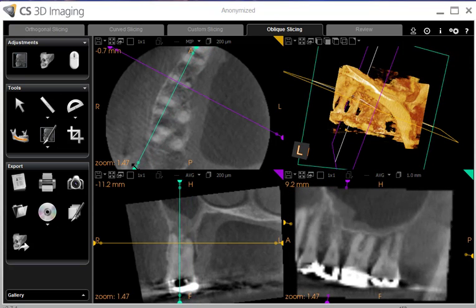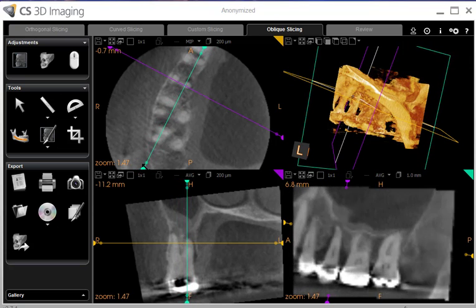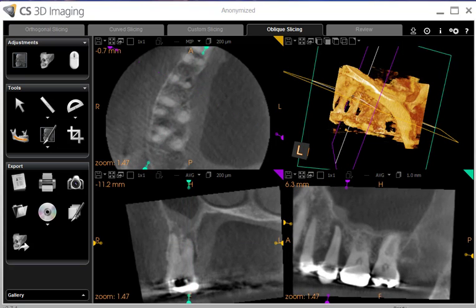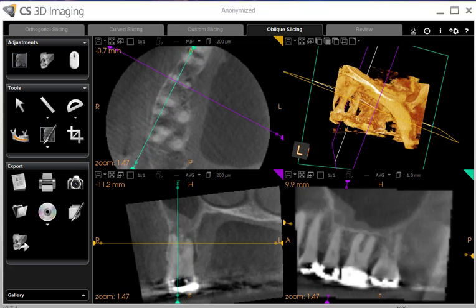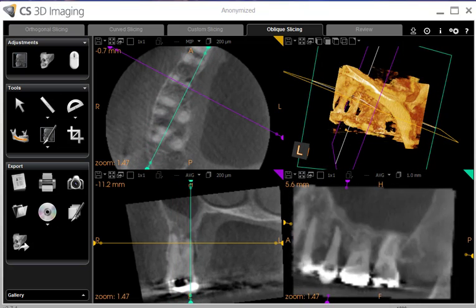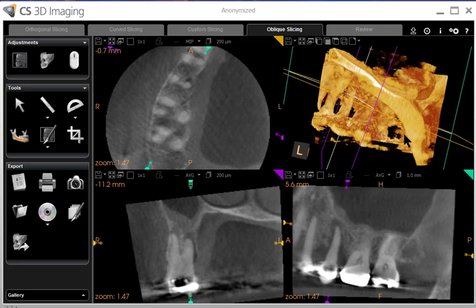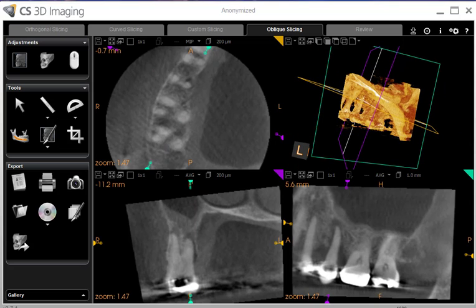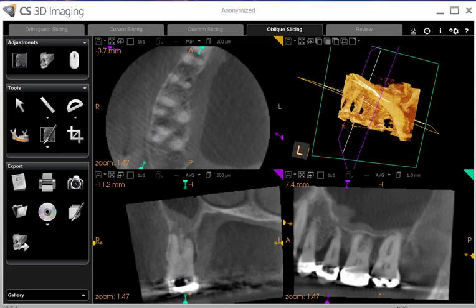When you hold the left mouse button down and move the cursor back and forth, you can see in the lower right window, which is green, that it is color coded, and you can see it also in the 3D, you are moving that slice back and forth.